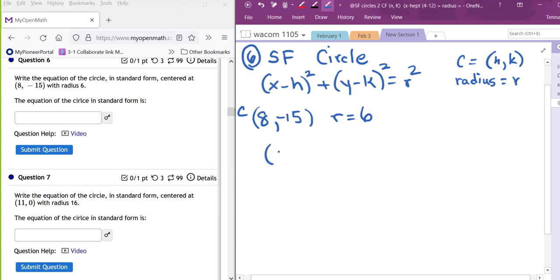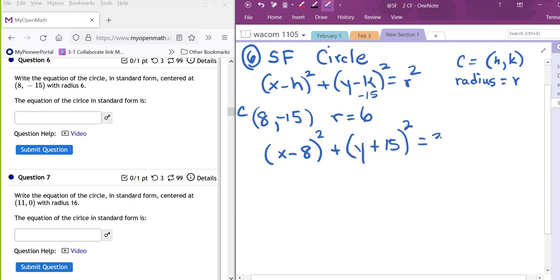So we'll have x minus 8 squared plus, right here you have to be careful because it's minus in the formula. If you do minus a negative, you're going to have a plus there. So you're going to have y plus 15 squared equals r squared, which would be 6 squared, is 36. And that's your standard form.